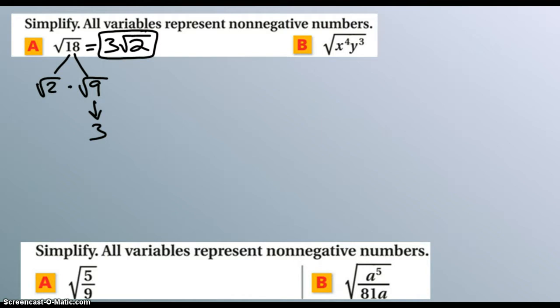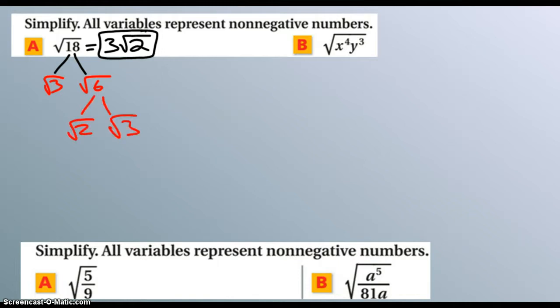And I know some of you are thinking, what if you didn't recognize that 9 was in there? Well, let's say you started with two different numbers, like the square root of 3 and the square root of 6. I can't break down 3 anymore, but I can break down 6 one more time into the square root of 2 and the square root of 3.